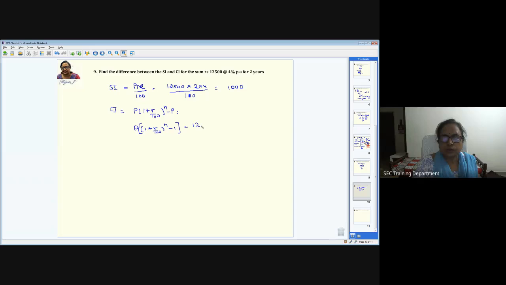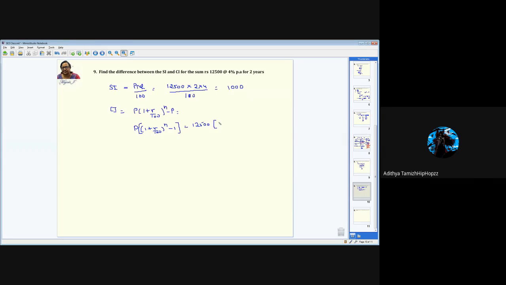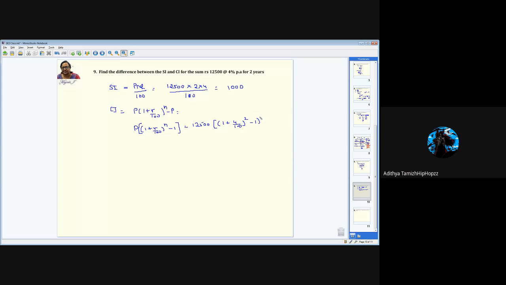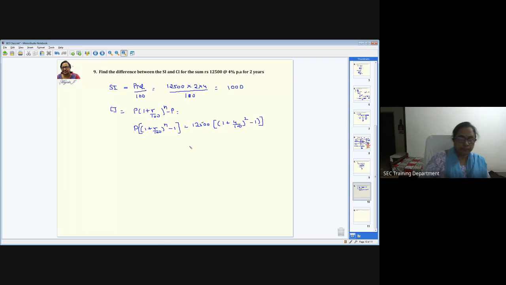So this is 12500, and inside you have 1 plus 4 by 100 to the power 2, minus 1. So this calculation, just do the calculation here.